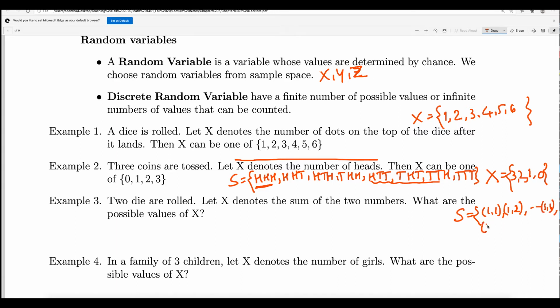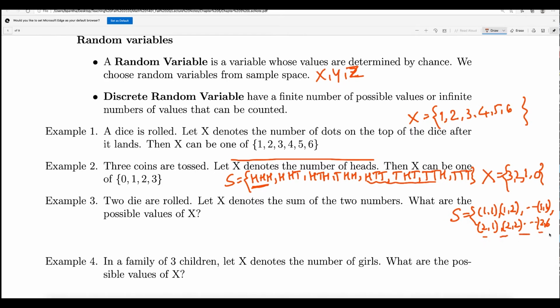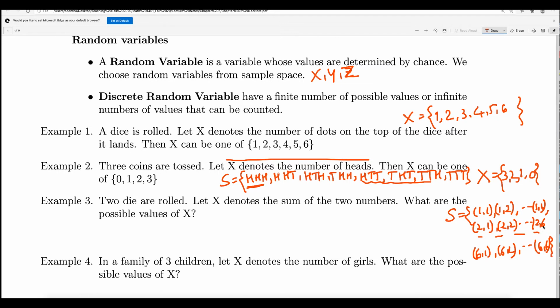Similarly, the first die shows 2, the second shows 1, then 2, 2, and so on up to 2, 6, and then 6, 1, 6, 2, up through 6, 6. This is what you get when you toss 2 dice. But what does X denote? X denotes the sum of the 2 numbers.